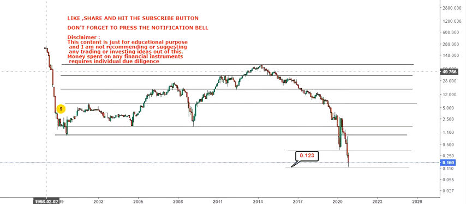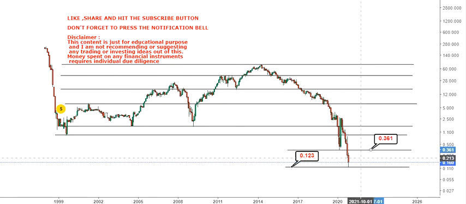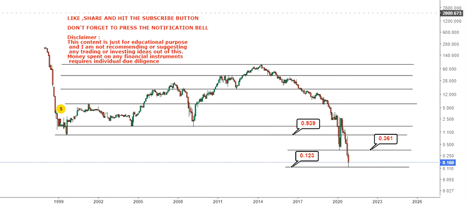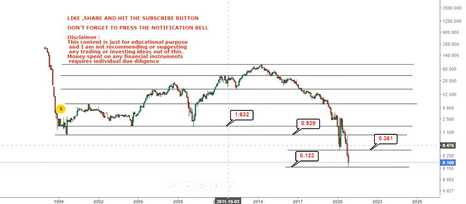Because for the short term, you can see the stock could probably move, as it hit 0.12 and bounced back. So it can go to a level as high as 0.36, and if it holds 0.36 then 0.93, and it could probably go towards 1.6.